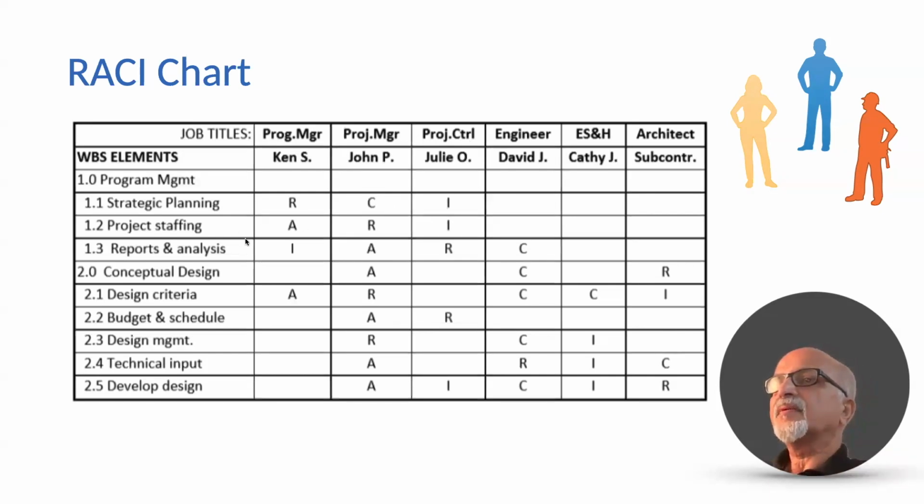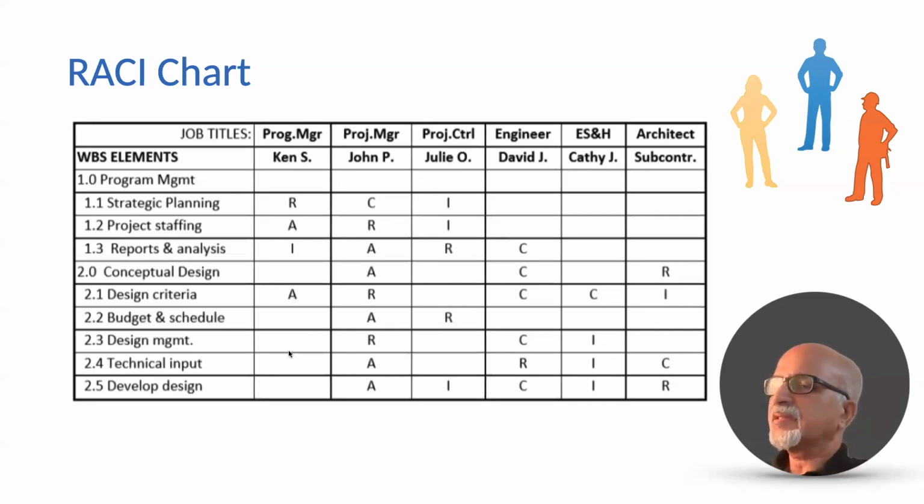Then again, project staffing, Ken S is accountable for it, John P is responsible, and information should go to Julie O. Reports and analysis, Ken S should have the information, John P is accountable, Julie O is responsible, and David J must be consulted for it.